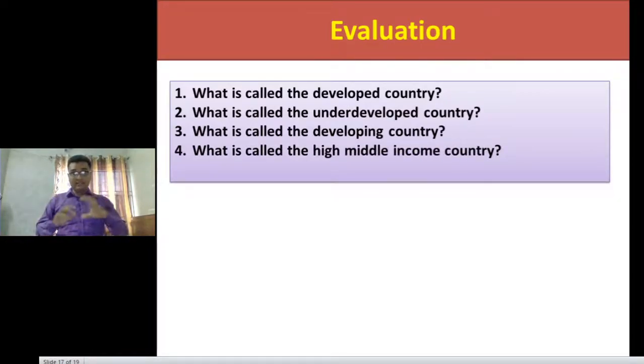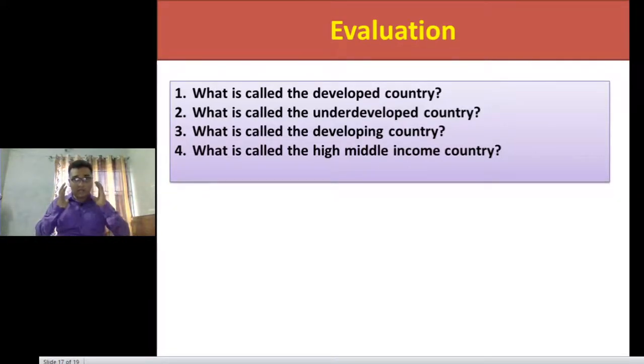My next question is, what is called a high middle income country? Okay, so dear students, basically, high middle income countries are called the developed countries, where we can see their per capita income is very high, and they are highly able to fulfill all of the demands of their citizens, and they use their surplus capital for the developing countries.